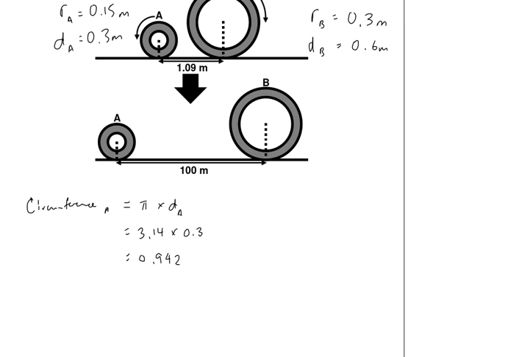It's actually pi multiplied by diameter of B, 3.14 multiplied by 0.6, which is 1.884. Since we need to add the two circumferences together, 0.942 plus 1.884 equals to?